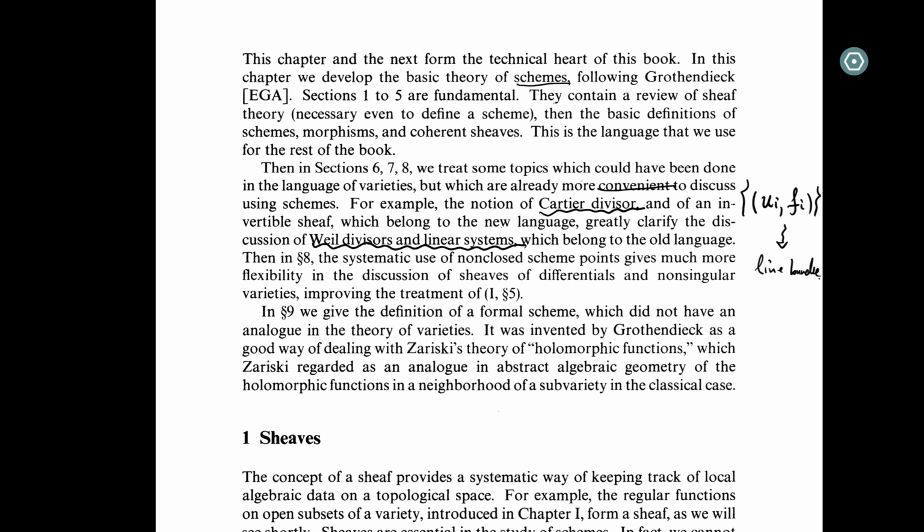In section 9 we give the definition of formal schemes, which did not have an analog in the theory of varieties. It was invented by Grothendieck as a good way of dealing with Zariski's theory of holomorphic functions, which Zariski regarded as an analog in abstract algebraic geometry of holomorphic functions in neighborhoods of a subvariety in the classical case.